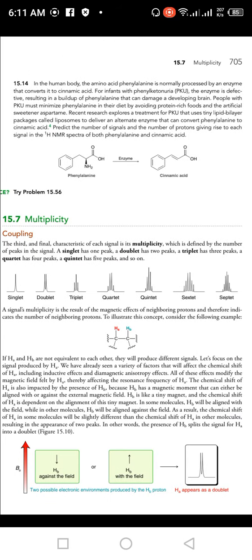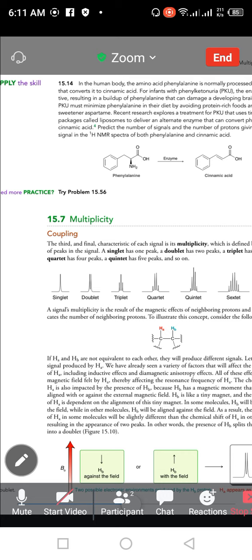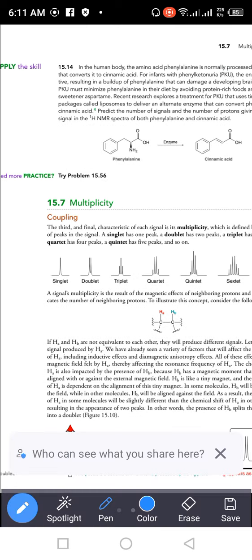If a signal has one peak, it is called a singlet.